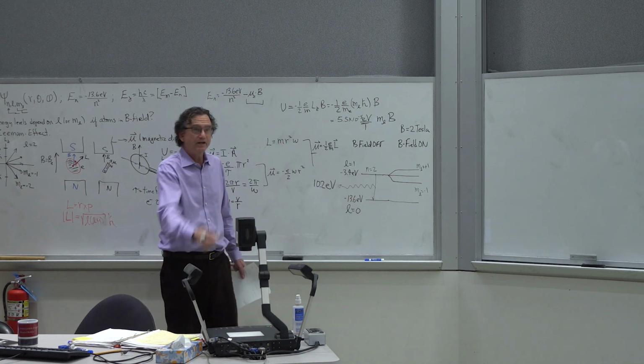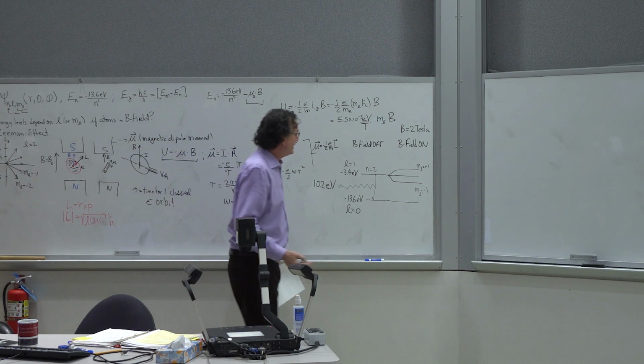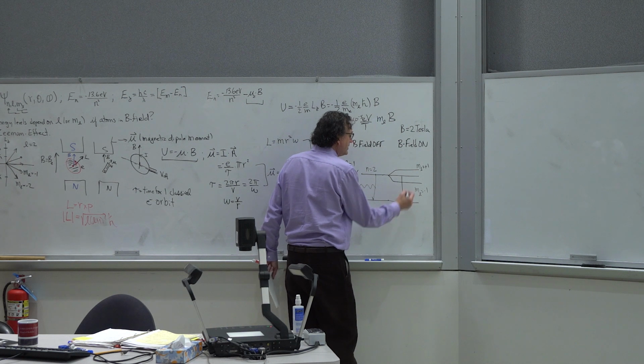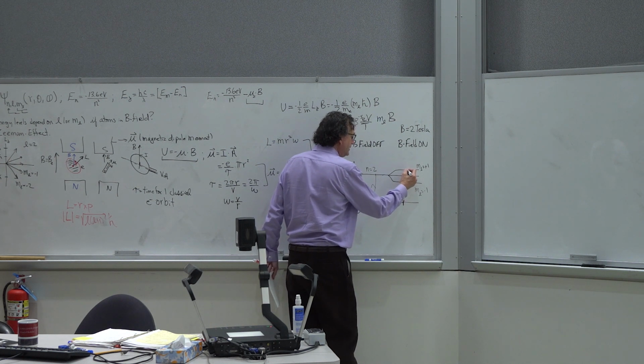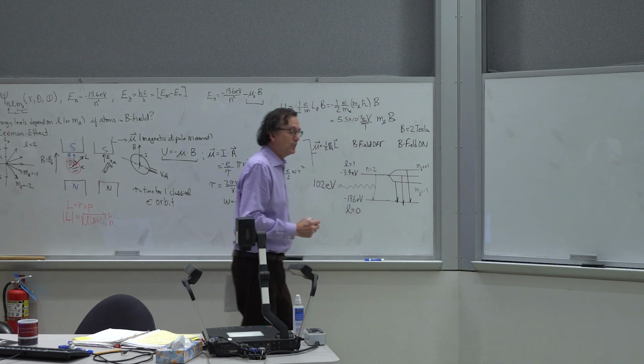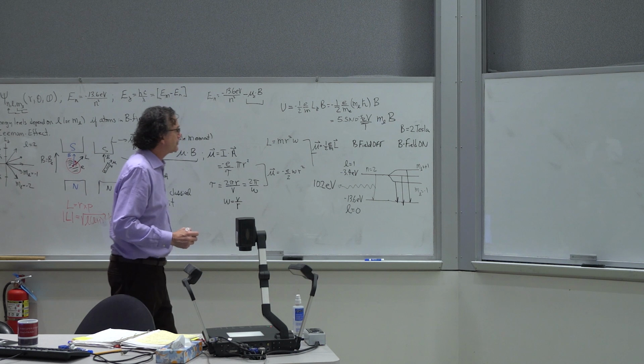Now, if I turn the magnetic field on, then this photon energy will still be the same, but now I've got 2 more photon energies. I've got one that can go from here, and I can have one that goes down to here. So how much is that going to perturb it?